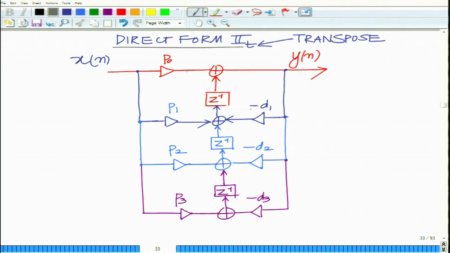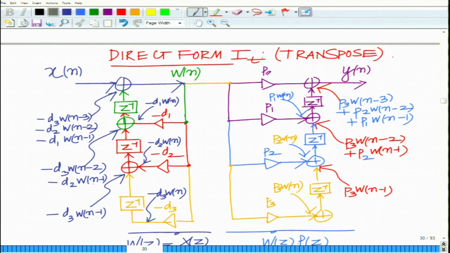And what we have is basically you can now see that we have the minimum number of delays, because previously in the direct form 1 transpose we had 6 delays and we have 7 adders, if I can count correctly. This is not an adder, you do not need this actually.